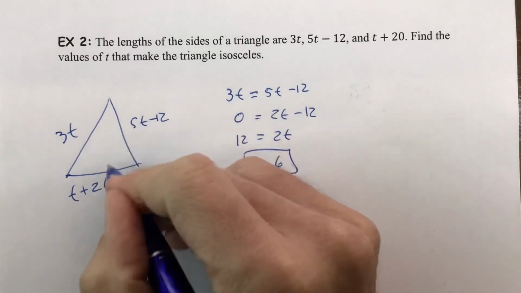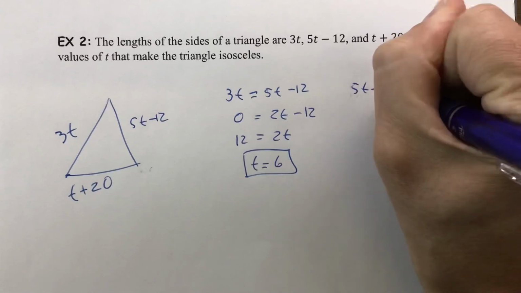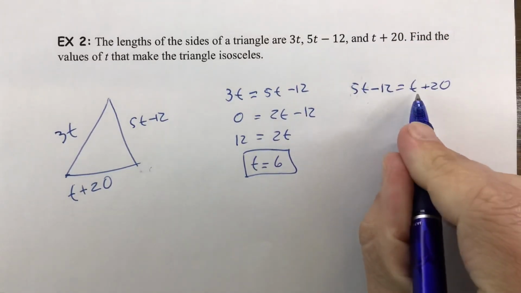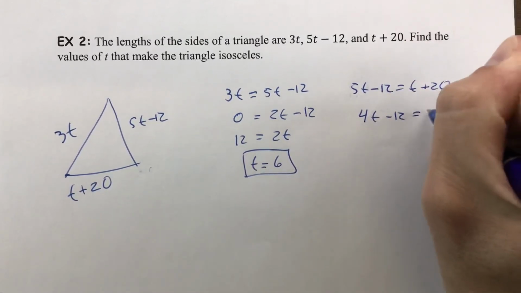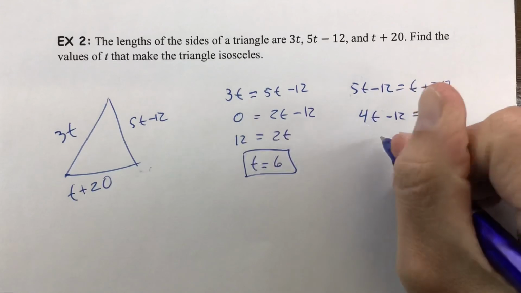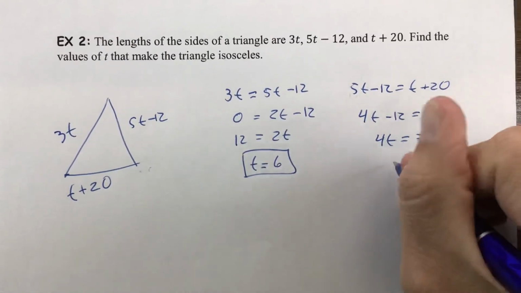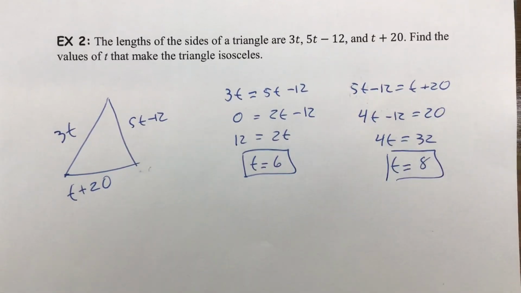However, it might be these 2 that are congruent. So we could have 5t minus 12 is equal to t plus 20. We'll subtract a t, and you get 4t minus 12 is equal to 20. 4t is going to equal 32. Divide that by 4, and t is equal to 8. So we could have that as an answer.